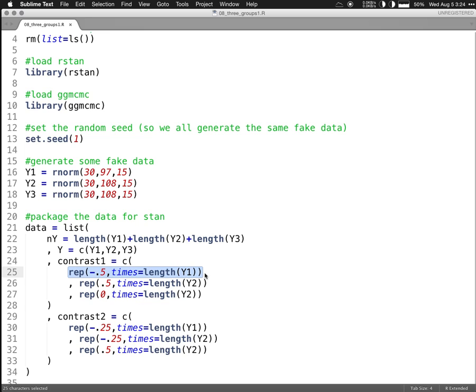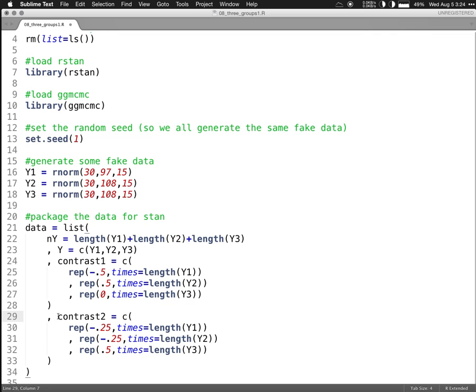So for the first length-y1 items, it's going to have a negative 0.5. For the next y2 items, it's going to have a positive 0.5. And for that contrast, it just completely ignores the, that should be y3, it just completely ignores all the y3s.